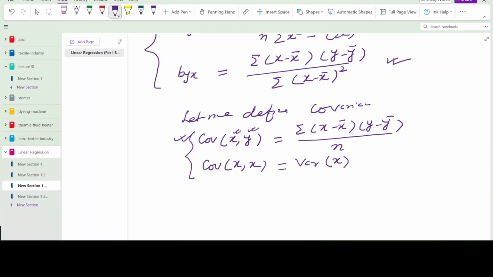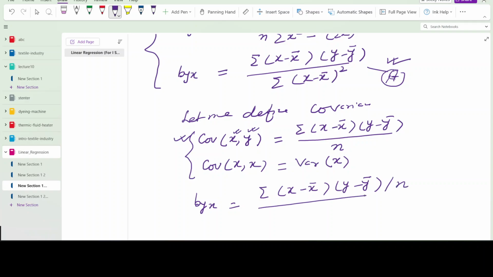So we will use this property here, byx is equal to this equation A. I am using sigma (x minus x bar)(y minus y bar), we will divide this by n, and sigma (x minus x bar) whole square divided by n.